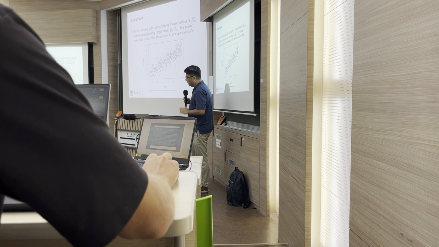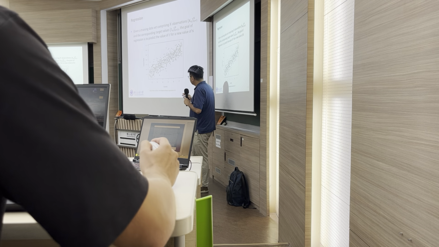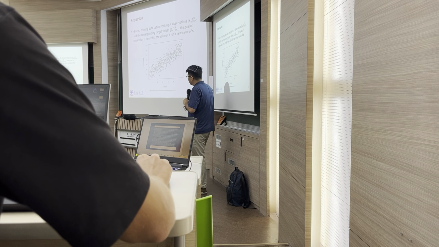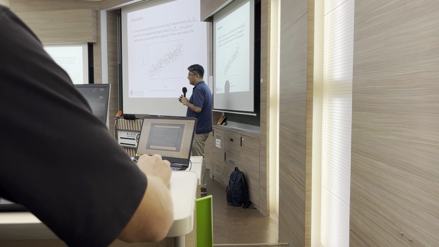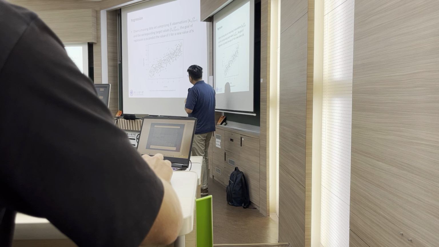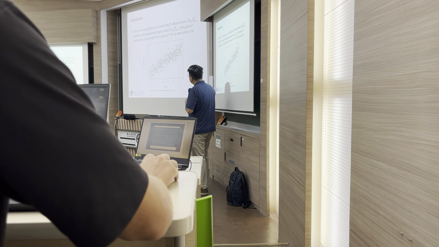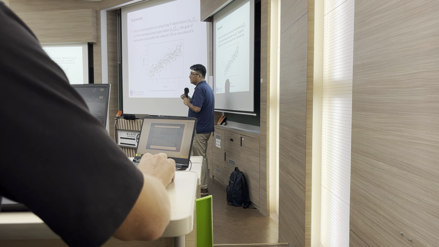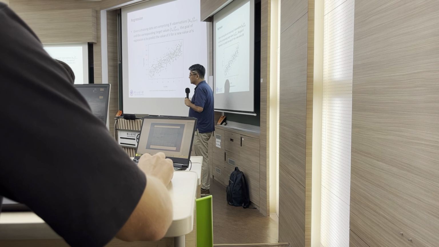Okay, let's begin with a quick review. In the previous week, we talked about the task of regression. In the following slides, I'm going to use capital N to denote the number of training data we have, because this is a supervised learning task.